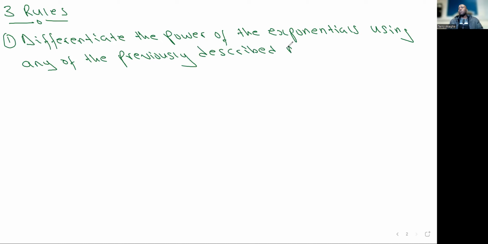Any of the differentiation mechanisms we've talked about, you can use any of them.